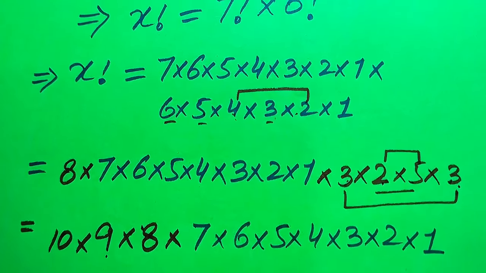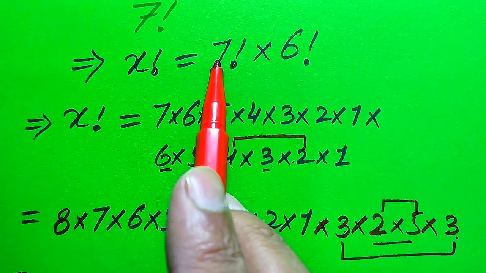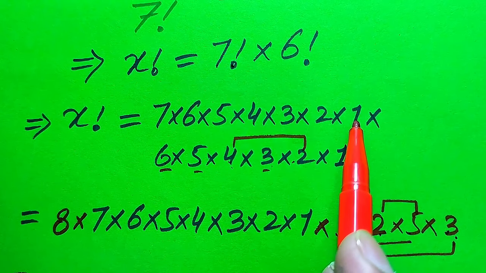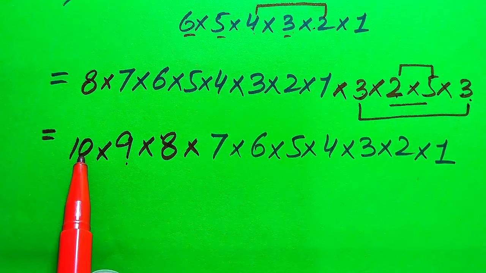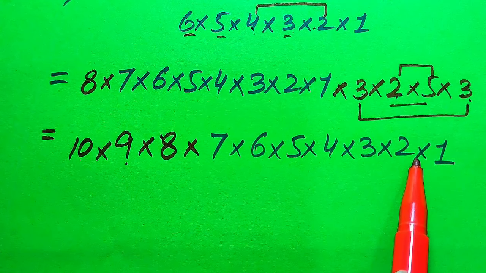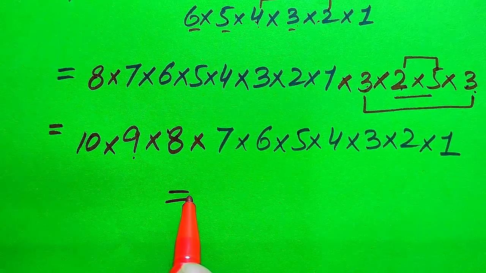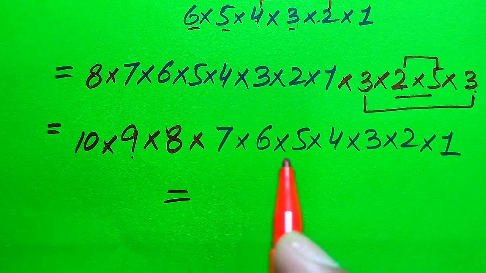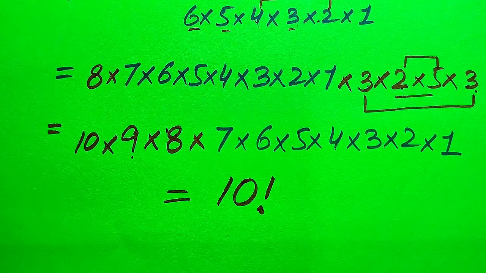Now if you focus on 7 factorial, in 7 factorial we start at 7 and multiply down to 1. So if the first number is 10 and we multiply down to 1, then when we combine all of these numbers into factorial form, it becomes 10 factorial.